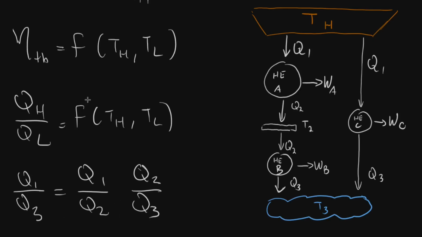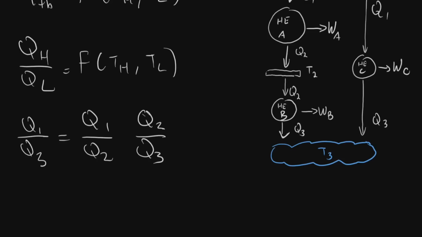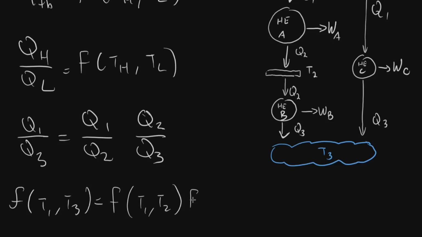But we just showed that this is also a function of the temperatures. And so for each of these engines, some function of T1 and T3 has to equal some function of T1 and T2 times some function of T2 and T3. So when you multiply across these functions of T1 and T2 and T2 and T3, they have to cancel out such that you just get a function of T1 and T3.